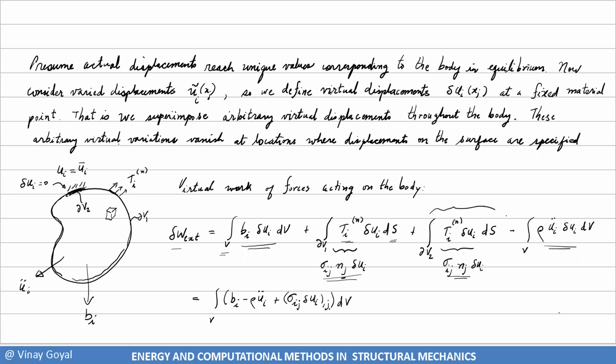So we got in this far. Now I have to transfer this comma j over to this here. So I get integral v bi minus rho ui double dot plus sigma ij comma j.